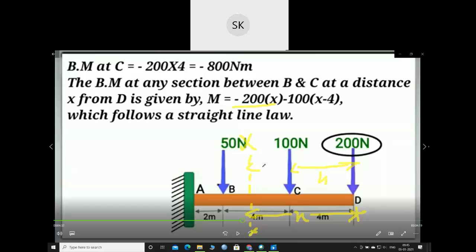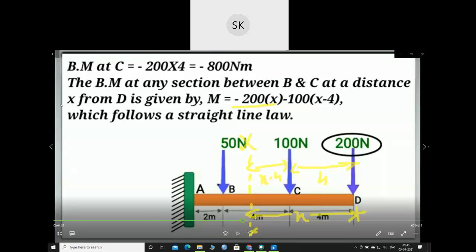If the whole distance is x meter and this part is 4 meter, how much will this distance be? It will be x minus 4. So this 100 Newton is acting at a distance of x minus 4, so 100 into x minus 4. This is the bending moment equation between B and C.